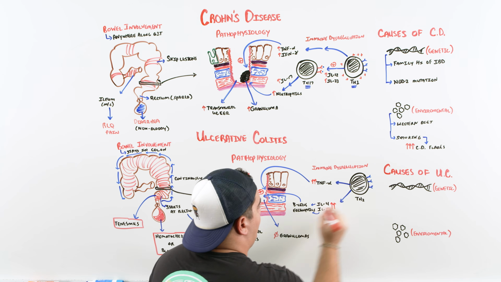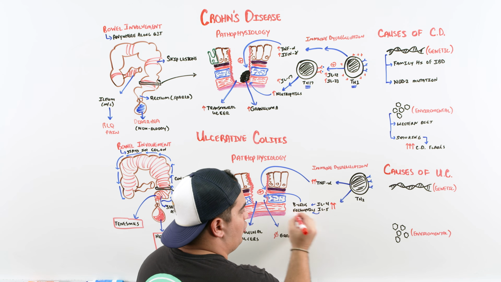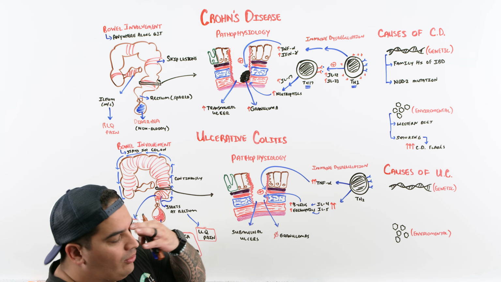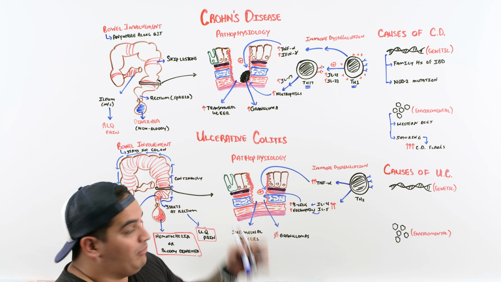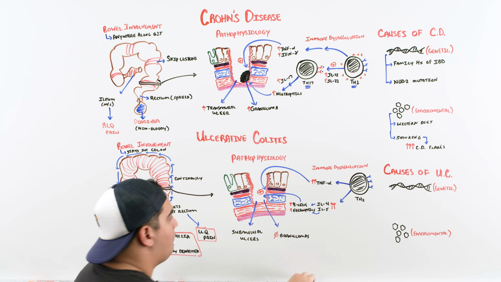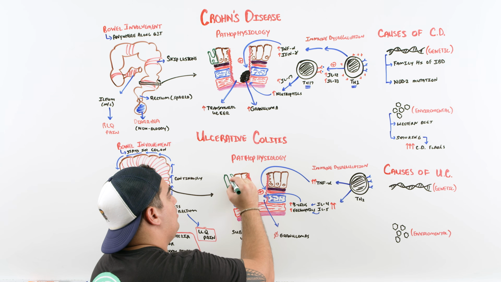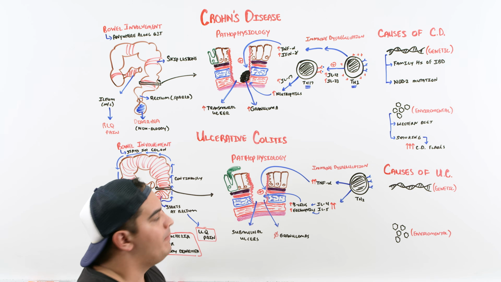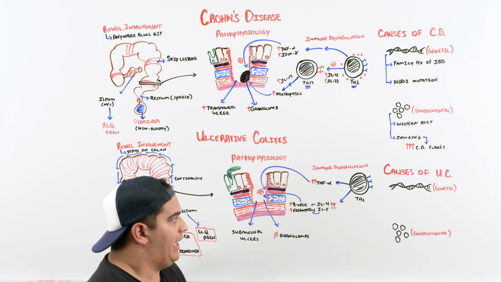But I don't think that these are going to be important to remember, because we don't really have any drugs that really hit these. And there's other ones like interleukin 13, and that causes lots of mucus production. I think that is helpful to remember because these patients with UC do have a lot more mucus-containing stool than you would see in a Crohn's disease patient.